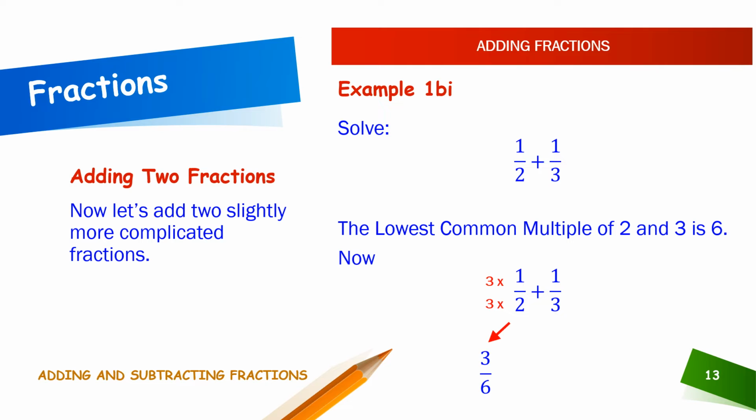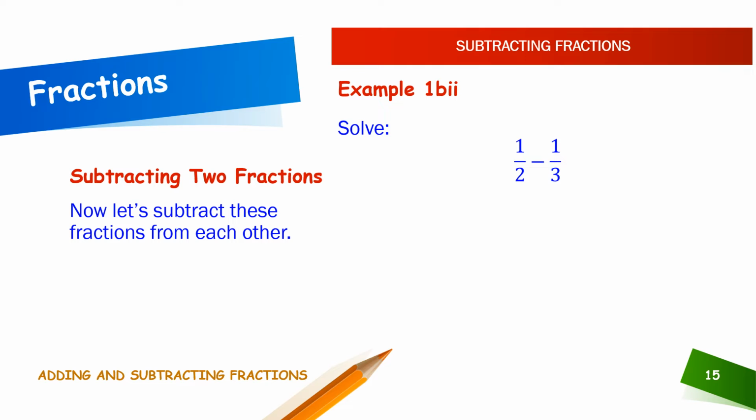And multiply the numerator and denominator of 1/3 by the same number 2 to give 1/3 equals 2 out of 6. Finally, add the numerators to give 5 and leave the denominators alone to give 6.